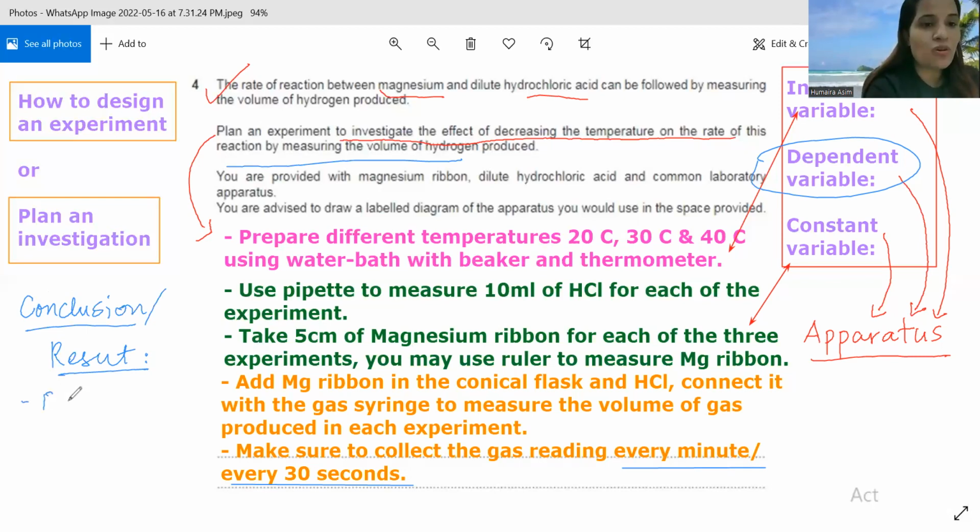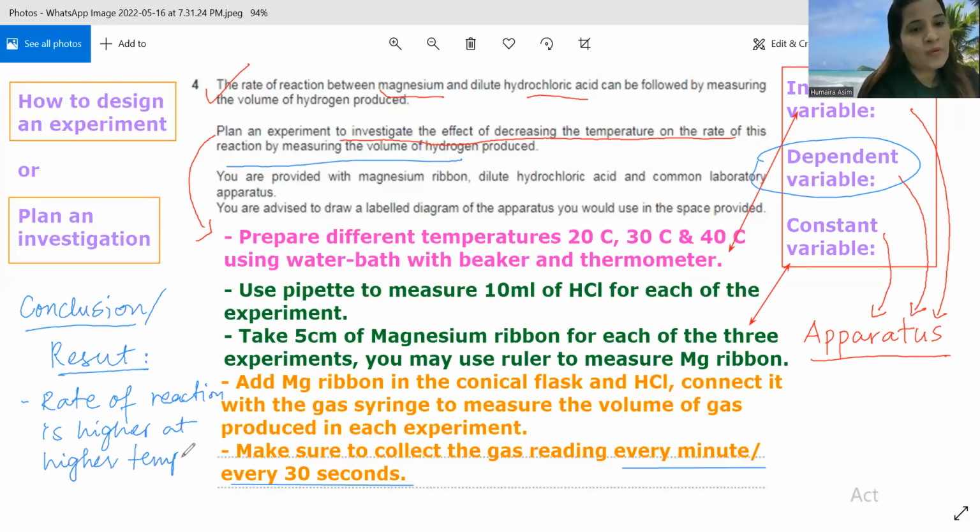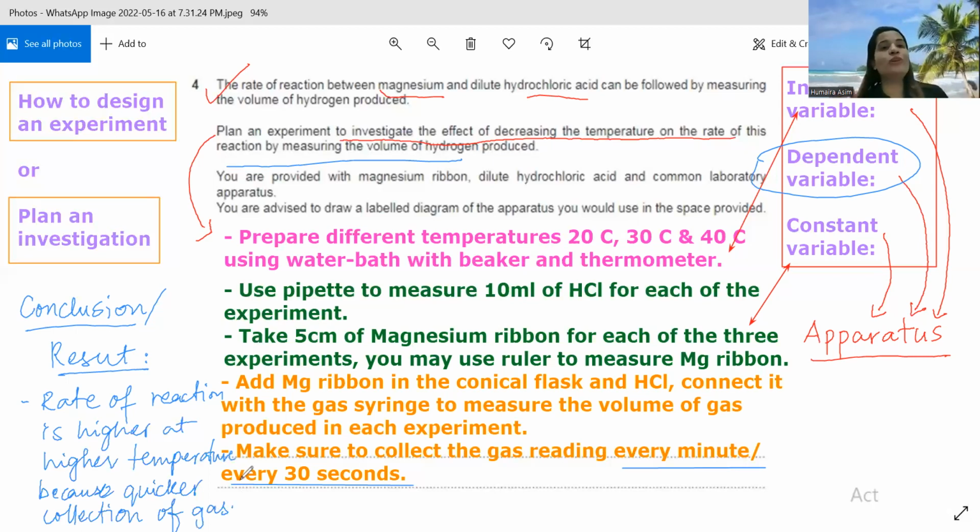So the rate of reaction is higher at higher temperatures because of quicker, faster collection of gas at higher temperature. Similarly, at lower temperature, it will be slower, right?